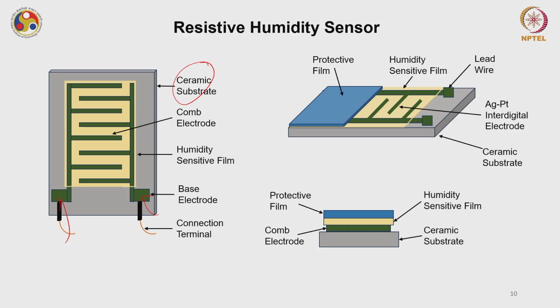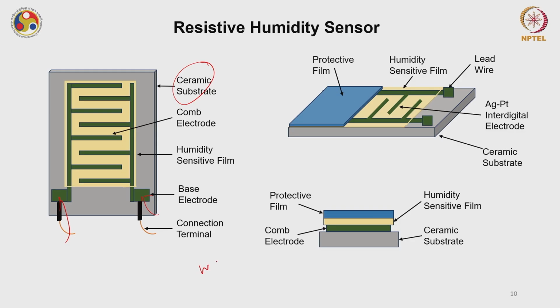The principle of the resistive humidity sensor is also very similar to capacitive sensors, except here the change that you measure is based on change in resistance. Let us take an example of one material. Usually new kinds of materials are emerging for developing this kind of device. Say tungsten sulfide, a very well known material used as a sensing layer.